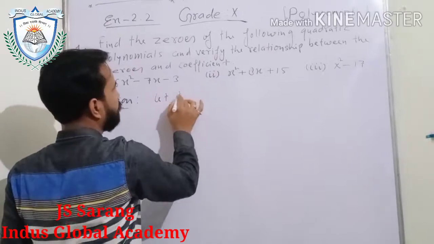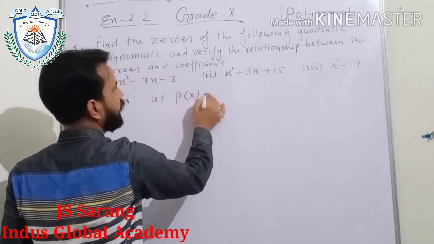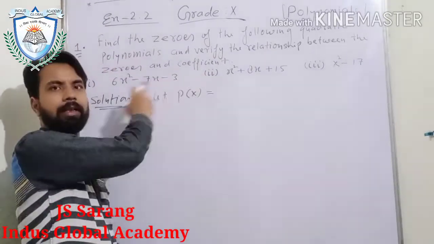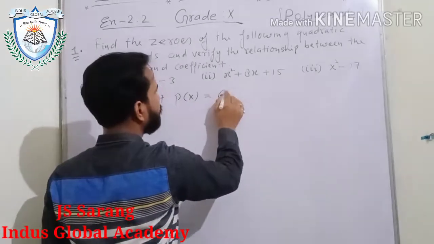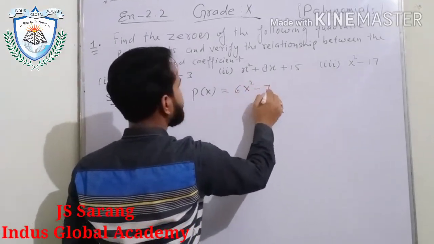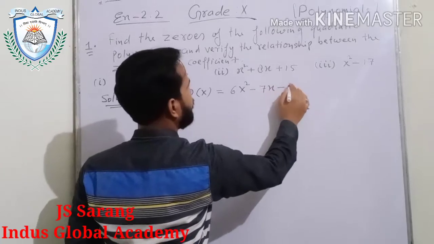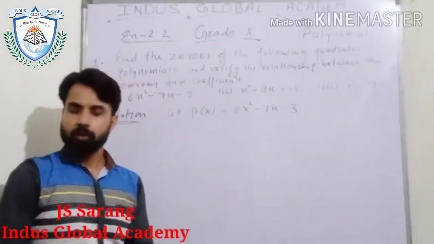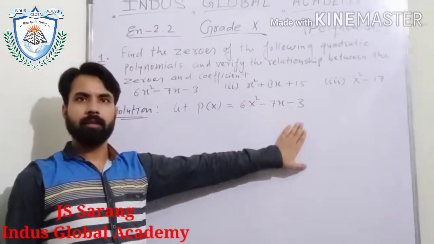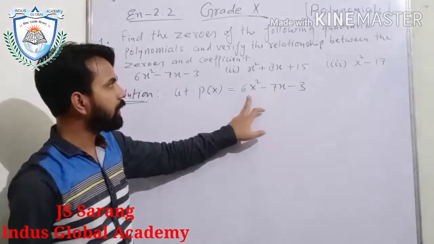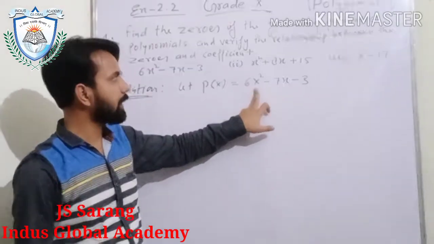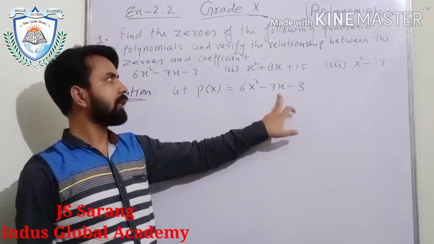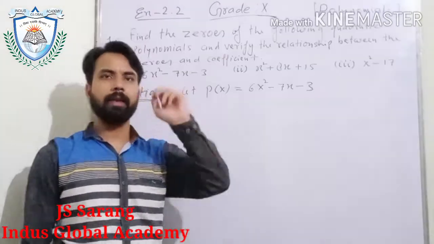Let p of x equal whatever is given here, 6x square minus 7x minus 3. So beta, this is a quadratic polynomial and it has how many terms? 3 terms. First term is 6x square, second term is minus 7x, and third term is minus 3.